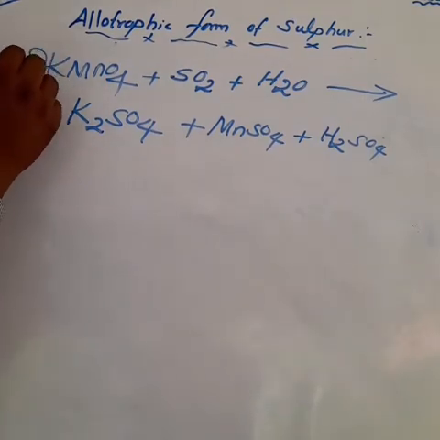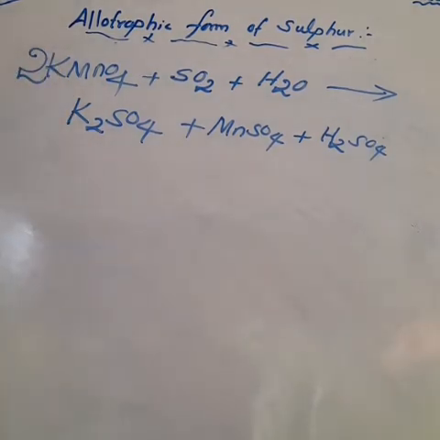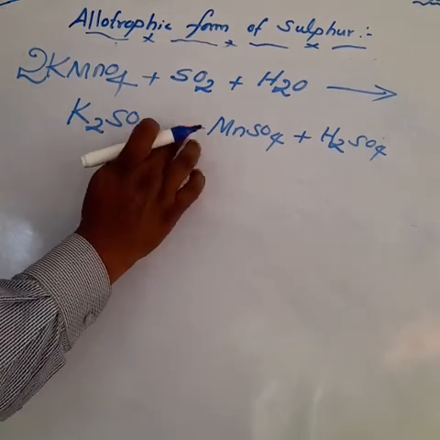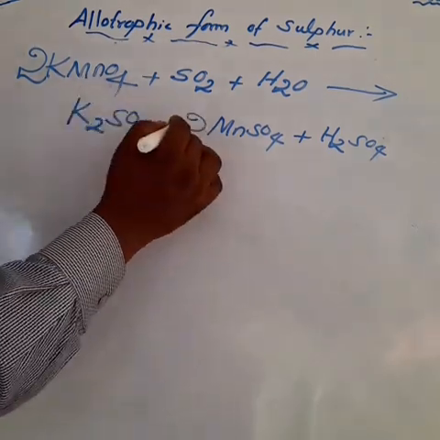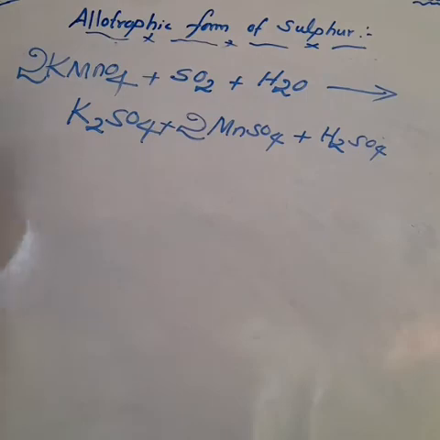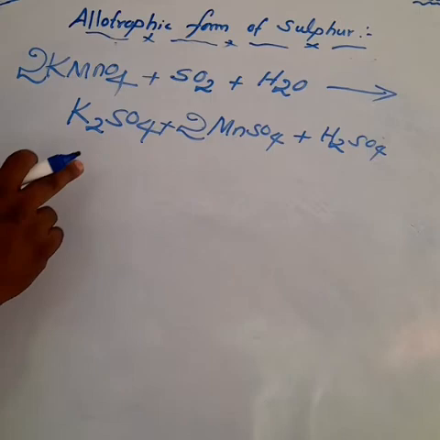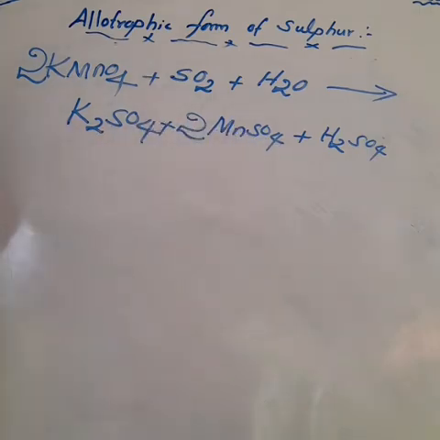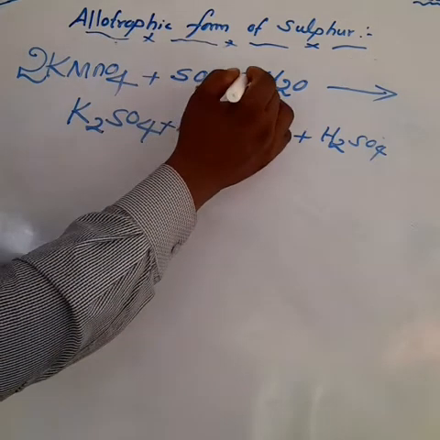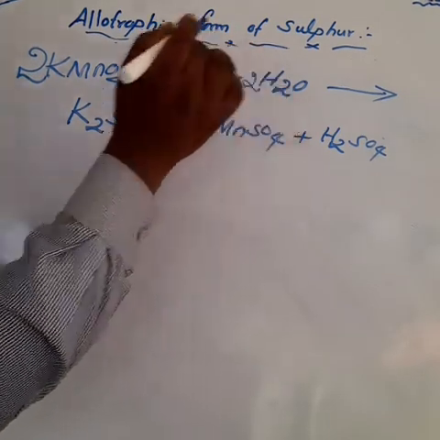The product side has 2 potassium, so make it 2 potassium on the reactant side. The reactant side has 2 Mn, so make it 2 Mn on the product side. Now we count the sulfate: here 3 and here 4. So one of the main problems: here we have water molecules with only one oxygen, so make it 2 water molecules.